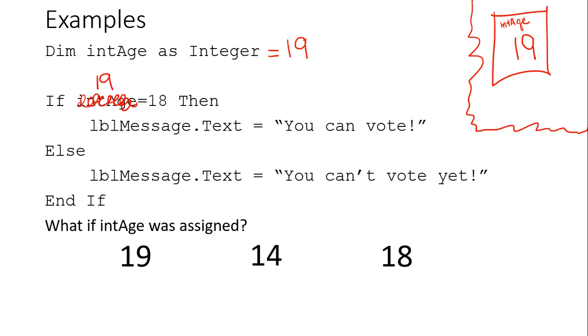And then it's going to ask itself, is 19 equal to 18? Well, no, right? That's definitely not the case. That is a false statement. Since it's a false statement, we will go to our else, and I will display for 19, you can't vote yet.